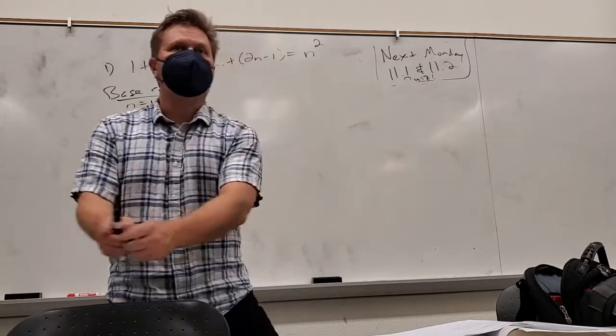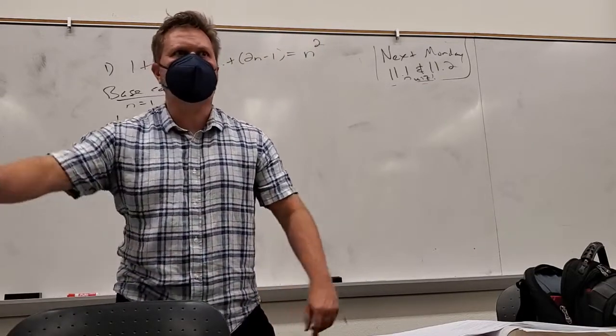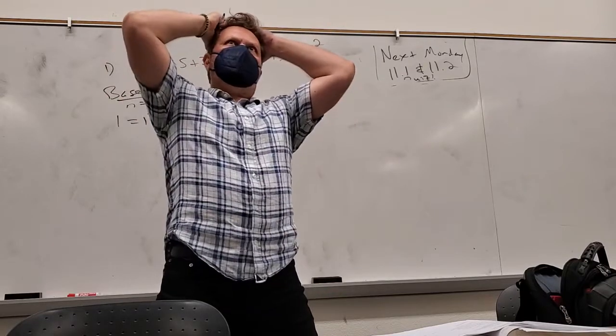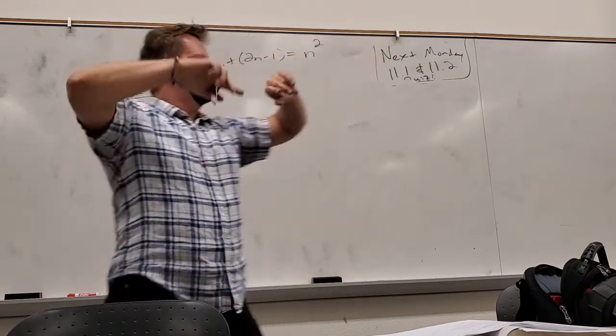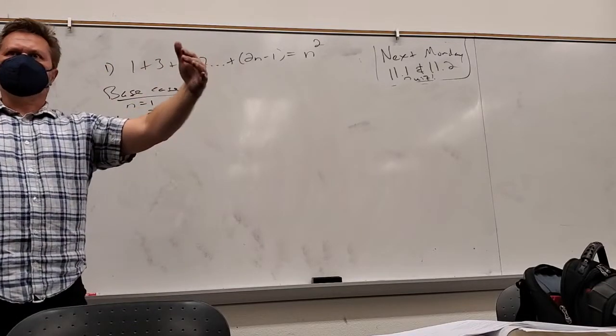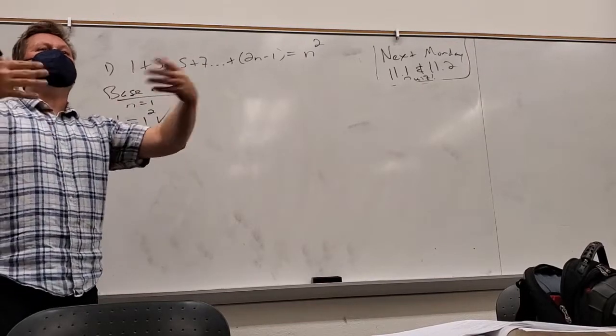And if that's true for anywhere in the sequence of dominoes, what will happen if I hit the first domino? The whole thing falls, right? So this is all about assuming this is true for some element in the sequence, and then showing that that means the next thing is true.